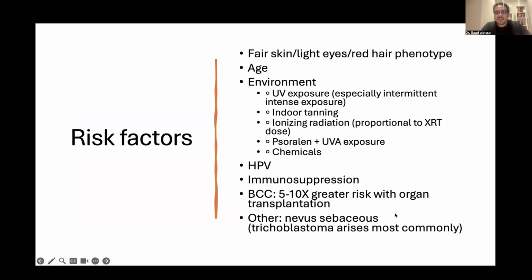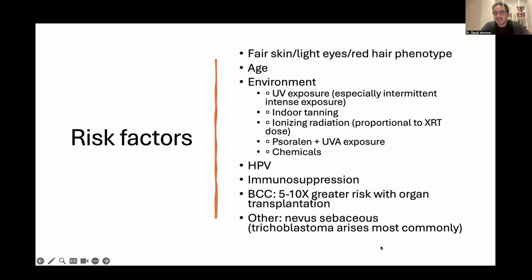Same risk factors. There's also a question they like to ask: how much is the risk in immunosuppression? We said melanoma 3 to 4, BCC maybe 5 to 10. But SCC by far, you'll get more lesions with immunocompromised patients.